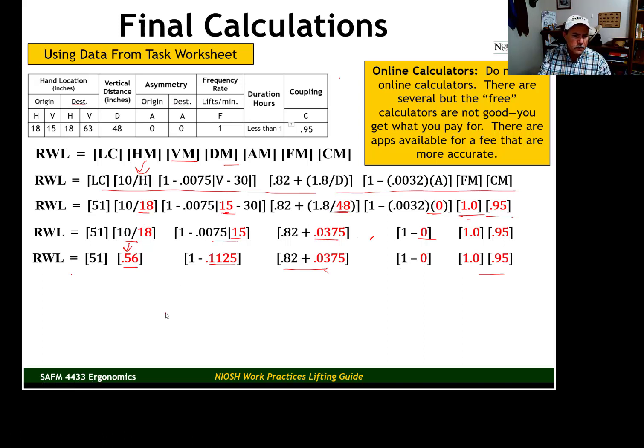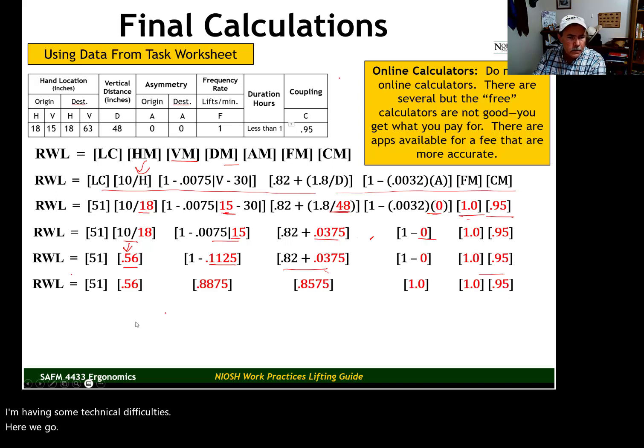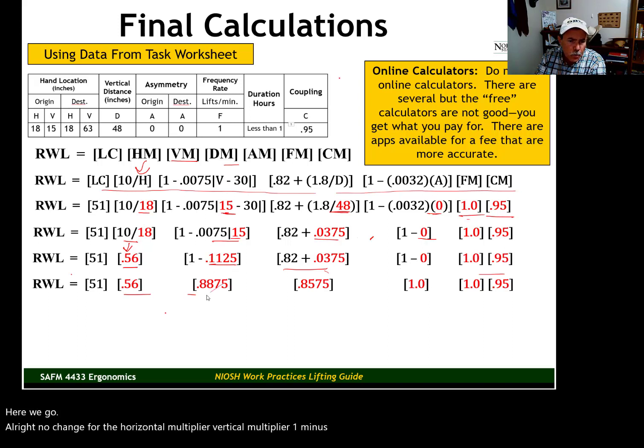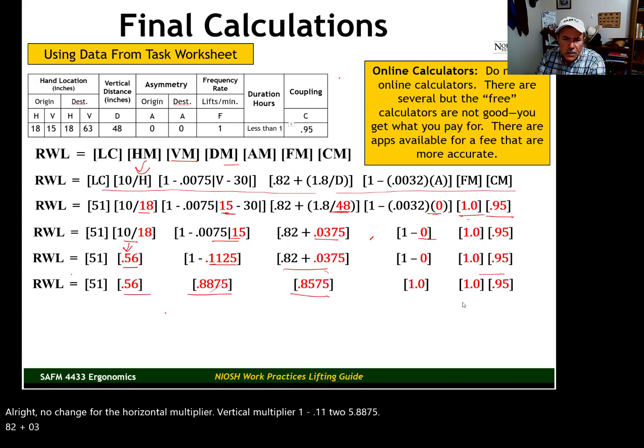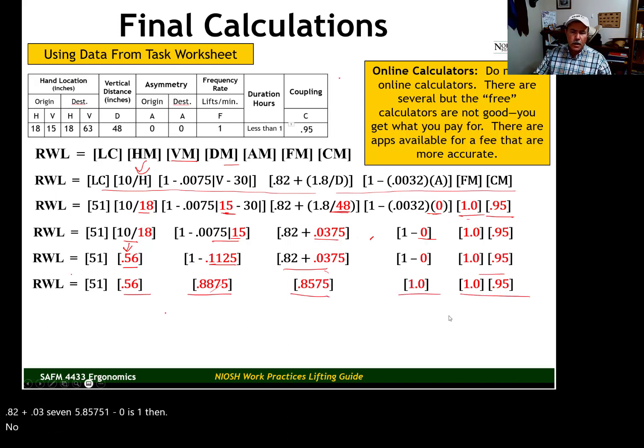I'm having some technical difficulties. Oh, here we go. All right. No change for the horizontal multiplier. Vertical multiplier 1 minus 0.1125, 0.8875, 0.82 plus 0.0375, 0.8575, 1 minus 0 is 1. Then no changes for the frequency or coupling multipliers.